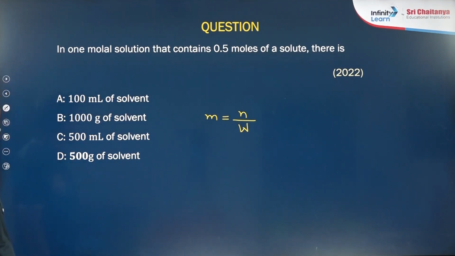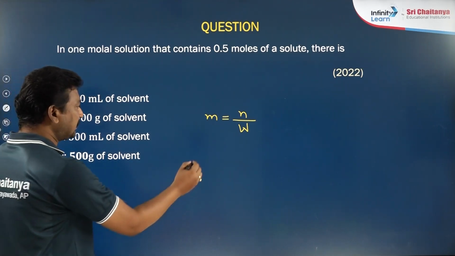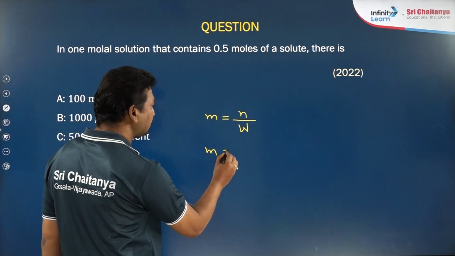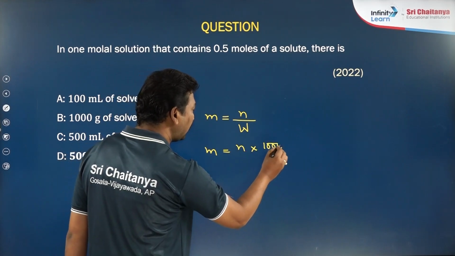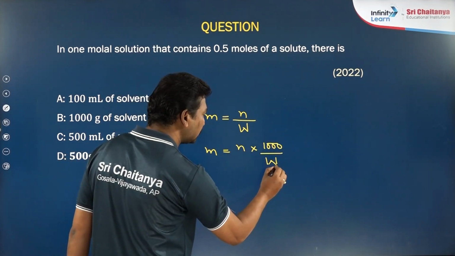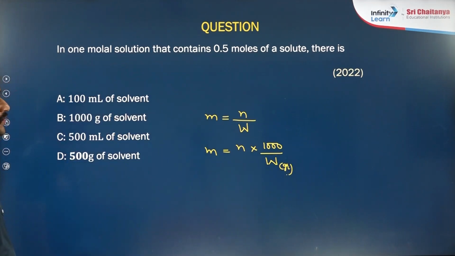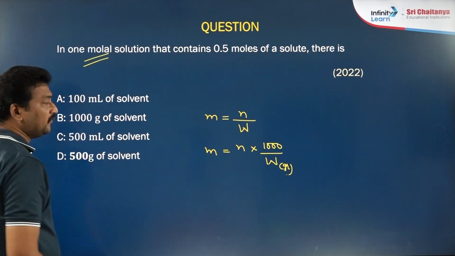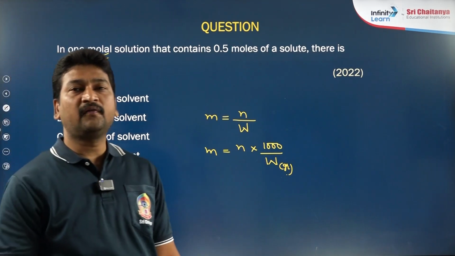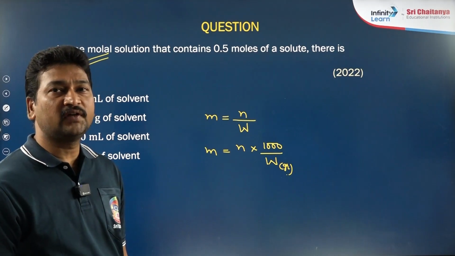This can also be written as molality equal to number of moles of the solute into 1000 by weight of the solvent in grams. Since they have mentioned molal, we have to compare the number of moles with 1 kg of the solvent.